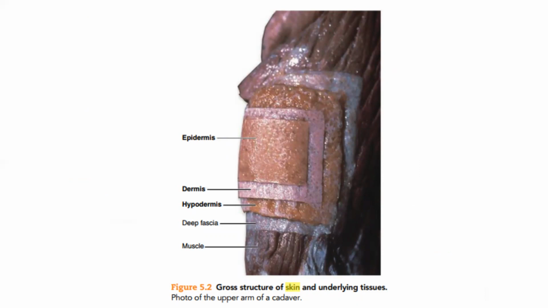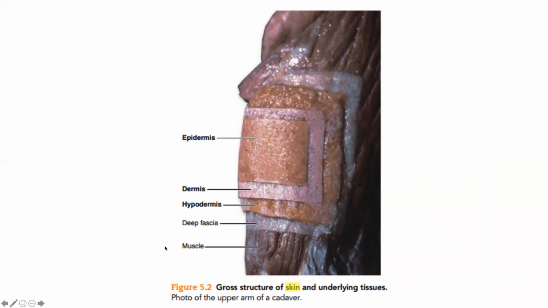The first thing is skin. Skin is made of epidermis and dermis. There is a subdermal layer, which is called hypodermis, which is mainly some amount of fat. Then we get to the deep fascia. And finally, in the limb, we get down to the muscle.